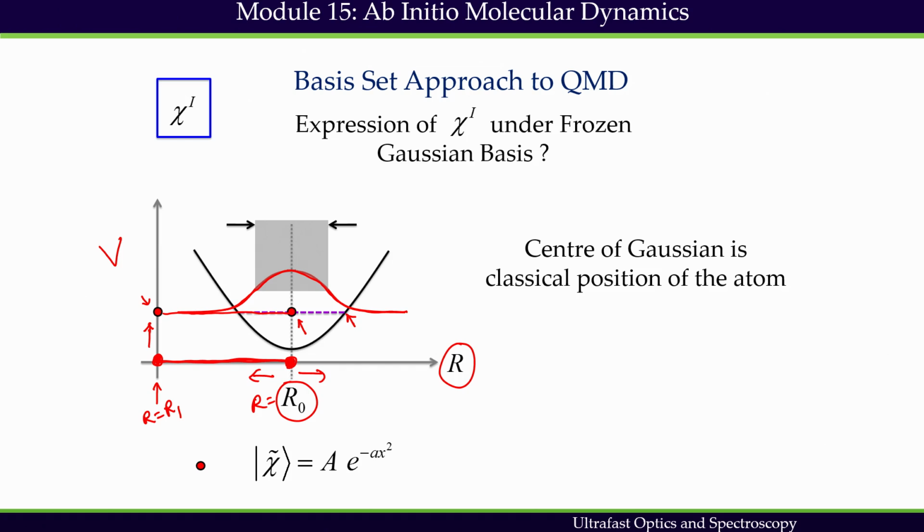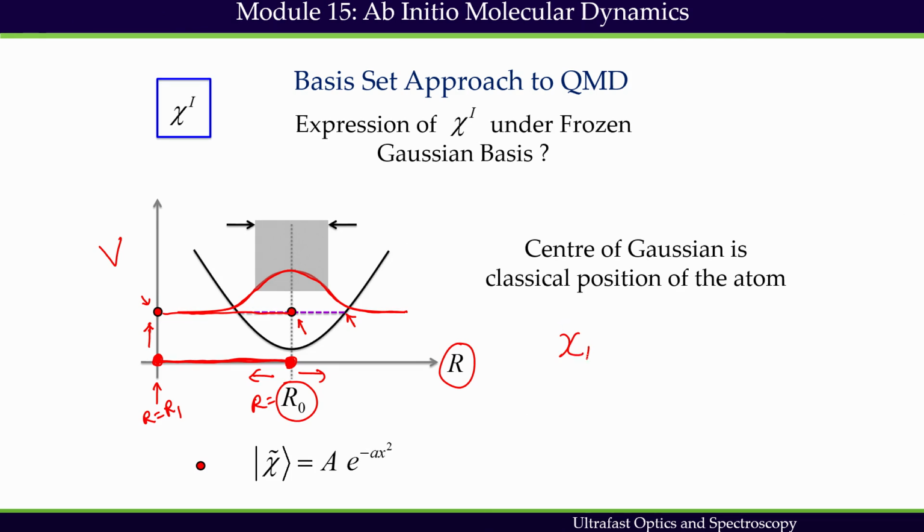For the sake of simplicity, we can consider a one-dimensional problem here. We can assume a Gaussian representing the vibrating atom. The center of the Gaussian represents the classical position of the atom, but we note that this function does not represent a traveling function. So what we can do is express this nuclear wave function.